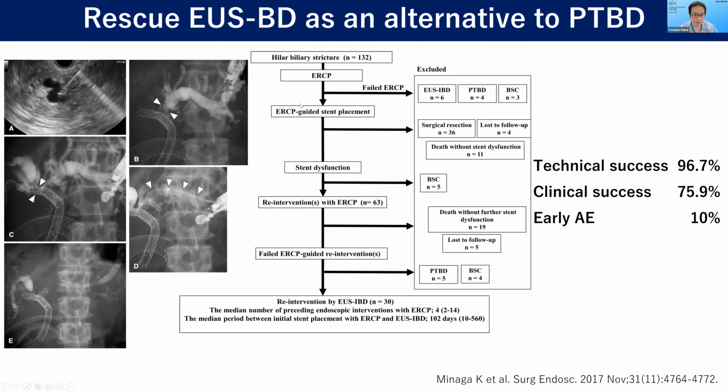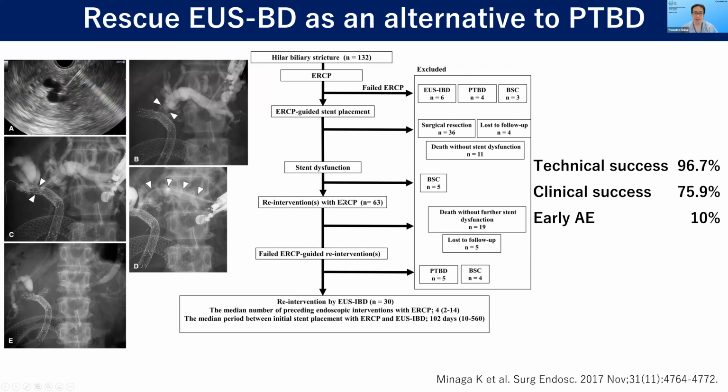This is a study after multi-stenting by ERCP. As you can see, the patient has a metal stent in both left and right liver, and when the stents occluded, they couldn't put the guide wire through the mesh, so they performed the EUS-HGS from the stomach like this.